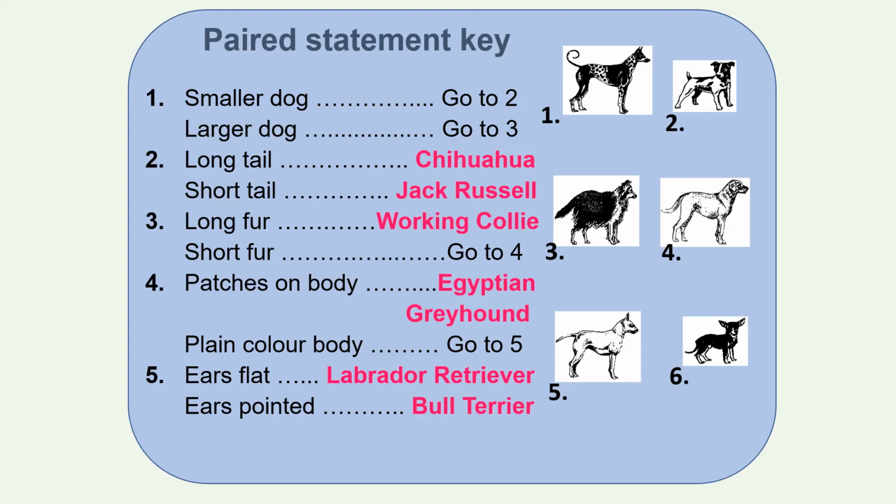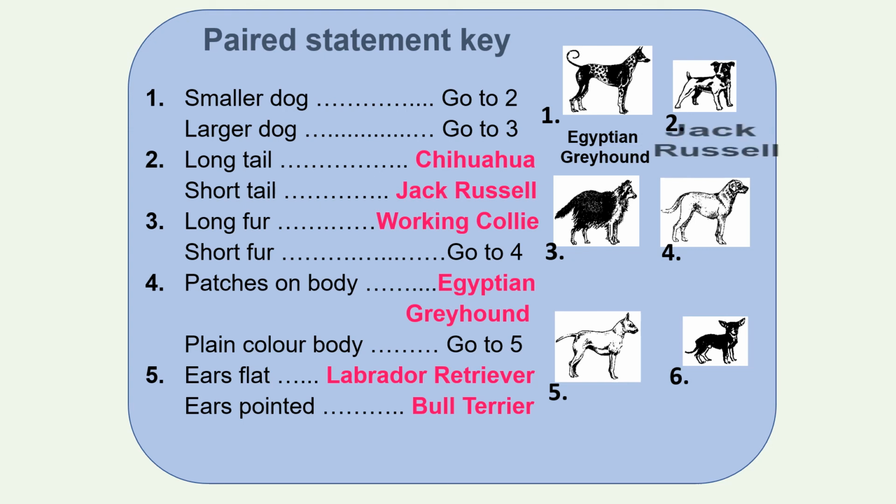This is an example of a paired statement key separating these dogs. So I've done smaller and larger dogs, tails, fur, their different types of coat, and their different types of ears. So the first one is an Egyptian Greyhound, because it has got patches on its body, it's got short fur, and it's a larger dog.